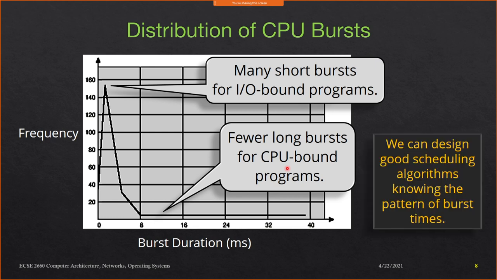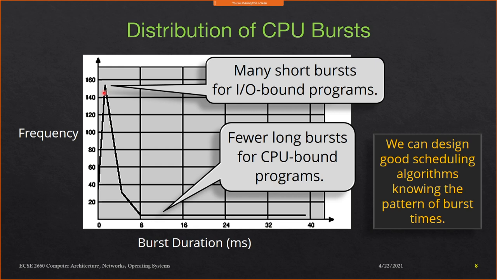Now we can see that a good scheduling algorithm takes care of this big discrepancy between short bursts and long bursts. So it would be ideal if our scheduler was allocating maybe 3 milliseconds or maybe 4 milliseconds to each process, so that each process gets that CPU attention.